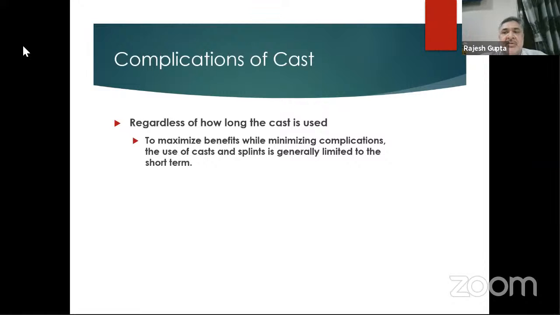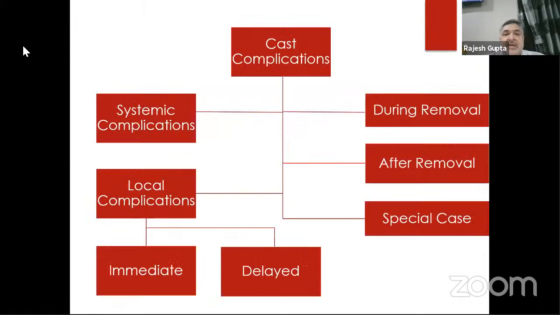We cannot continue with the plaster cast for a longer time, otherwise it will lead to a lot of complications. So it has to be optimum. Now, cast complications can be systemic or local, immediate and delayed, they can occur during removal, after removal, and there are also cast complications in special cases. So we are going to discuss them all.